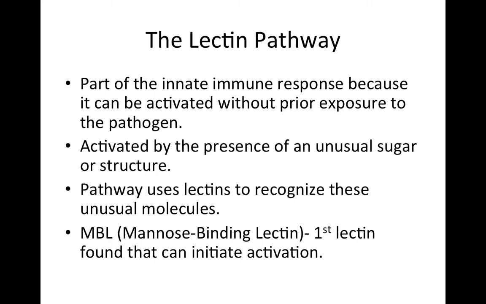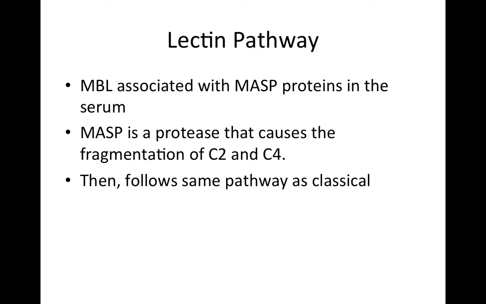The pathway uses lectins to recognize these molecules, and the first lectin found that could initiate activation was the mannose binding lectin, or MBL for short. In the serum, MBL is associated with a MASP protein, and MASP is a protease that will cause the fragmentation of C2 and C4.